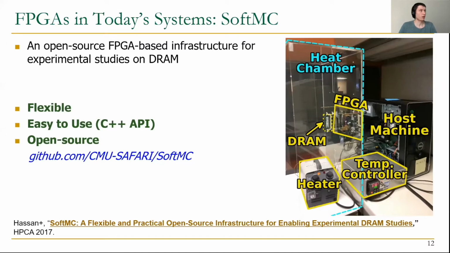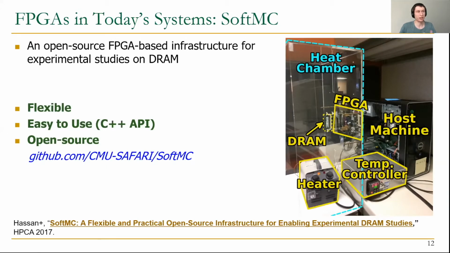Okay, another use case of the FPGAs is when you want to interface devices in a more flexible or different way than what the existing systems offer you. In this example, we use an FPGA to implement SoftMC, which stands for soft memory controller, a software-based memory controller that allows us to access DRAM in a flexible way.